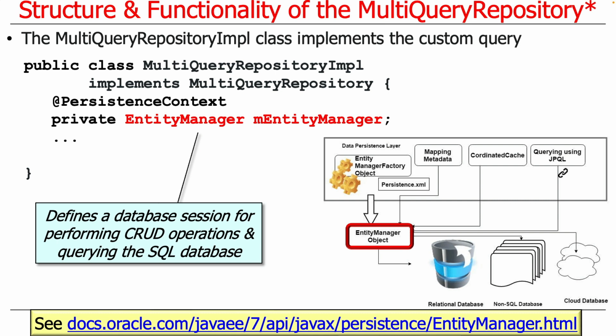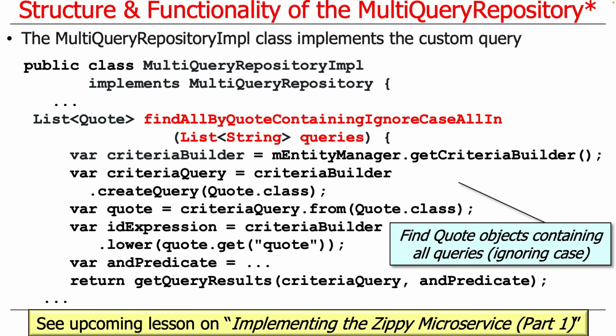When we look at the implementation, you'll see that we use an entity manager, and that's basically the database session that performs the operations, the so-called CRUD operations in querying the SQL database to do various kinds of things. And then here's the code.